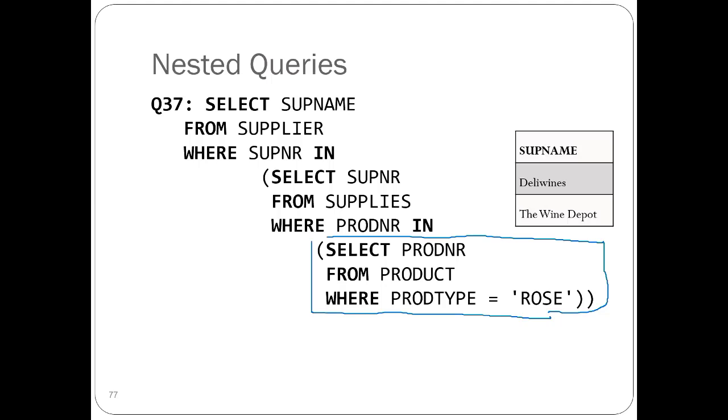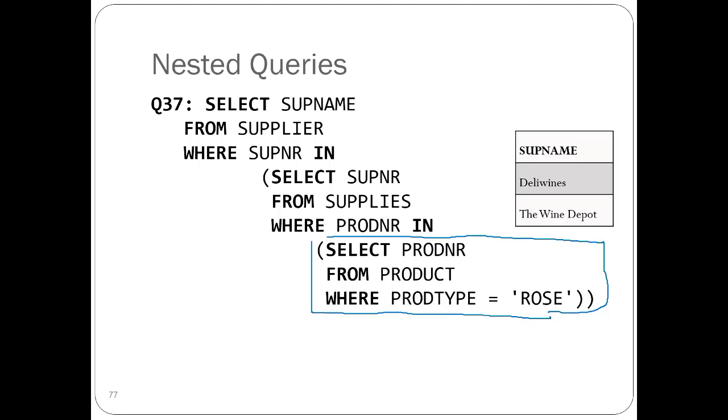And what is the outer query doing here? Select supplier number from supplies where product number is one of these product numbers. So what values do we have here? Again a list, but this is the list of supplier numbers who are supplying wine of type rows.